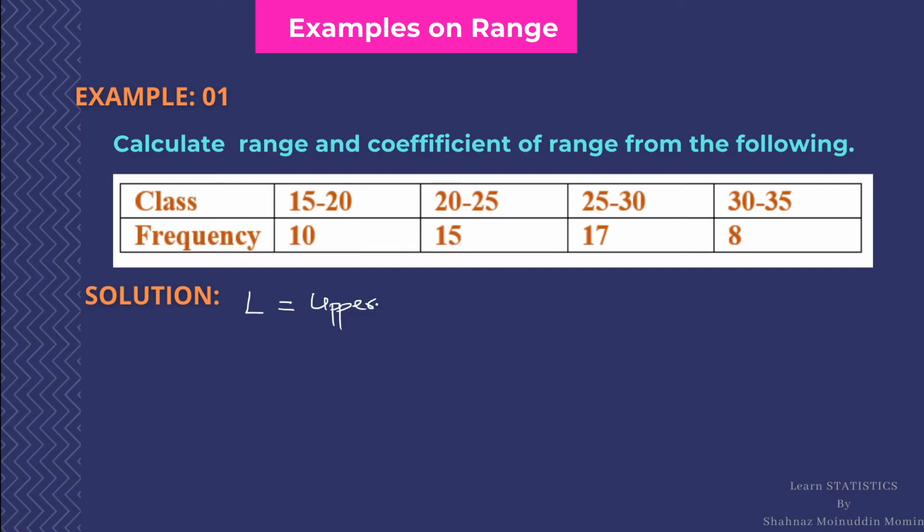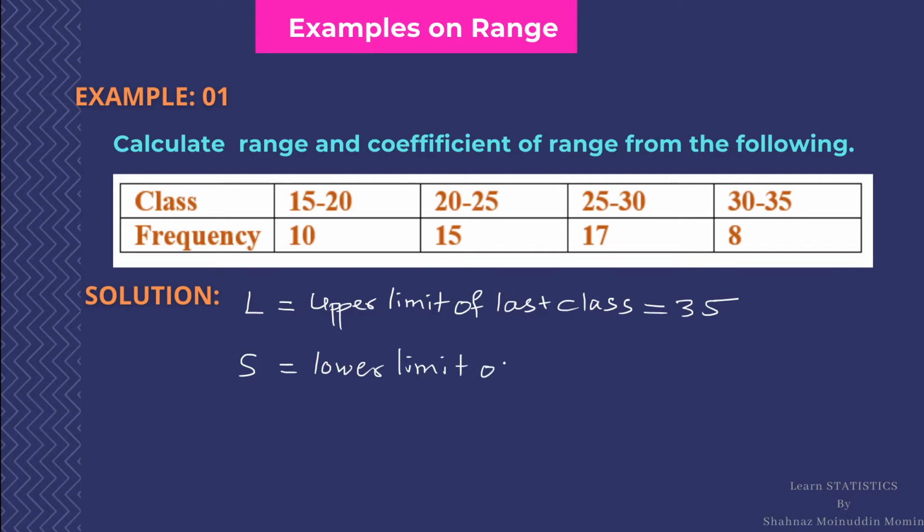Here there is a slight change in the value of L and S. The 30 to 35 is the last class and its upper limit is 35, and S is the lower limit of the first class.